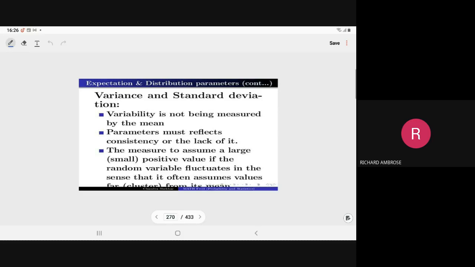The measure assumes a large or small positive value depending on whether the random variable fluctuates, that is, often assumes values far from or clustered near its mean value.